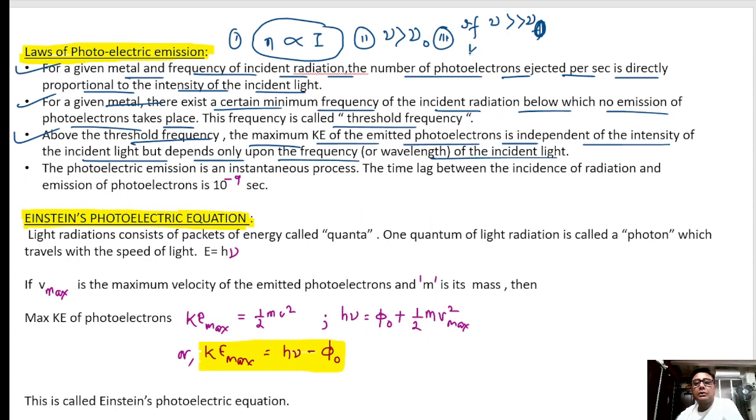The kinetic energy of this is independent of the intensity of the light, but it depends only on the frequency.